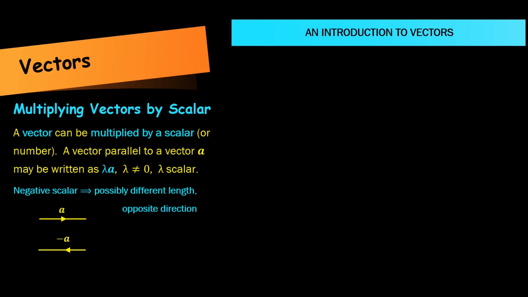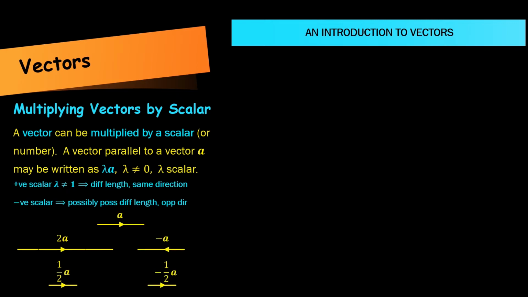So here's minus A. Notice that the length is the same, because lambda equals minus 1. However, the direction, as you can see, has changed. And here's minus a half A. The size of the vector A has halved, and it's going in the opposite direction also. Here's a summary.